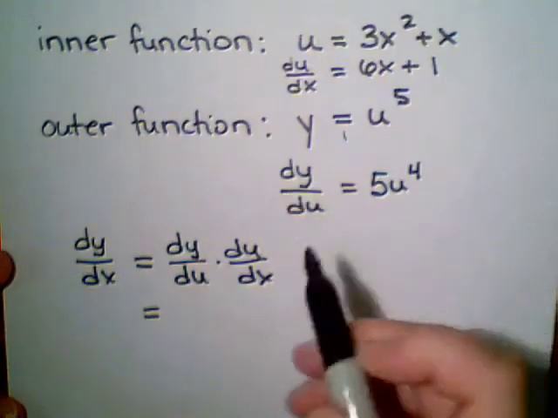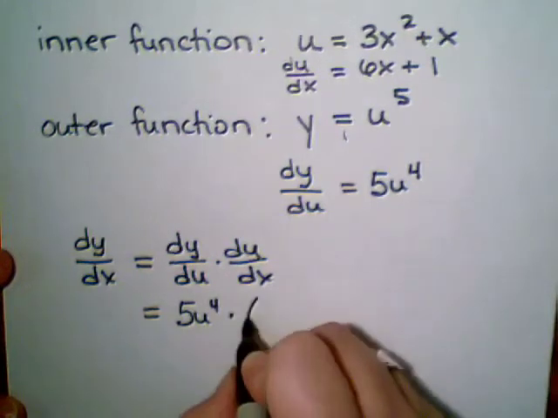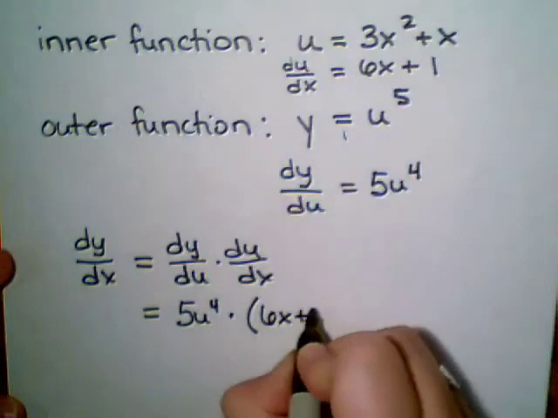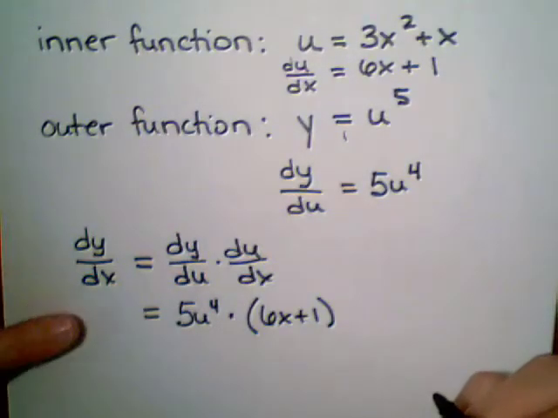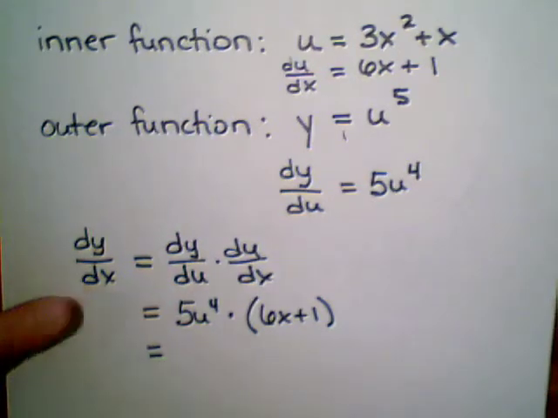Well, dy du was 5 times u to the fourth, and we'll multiply that by du dx, which is 6x plus 1.